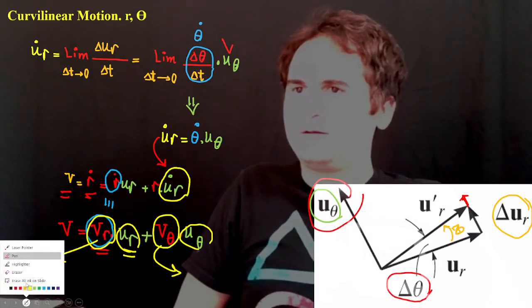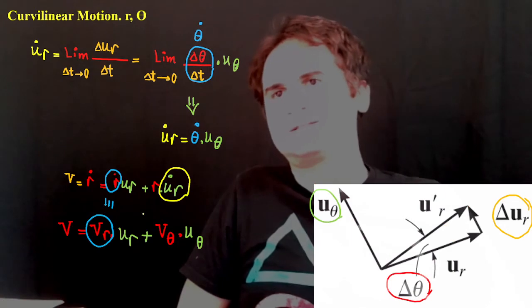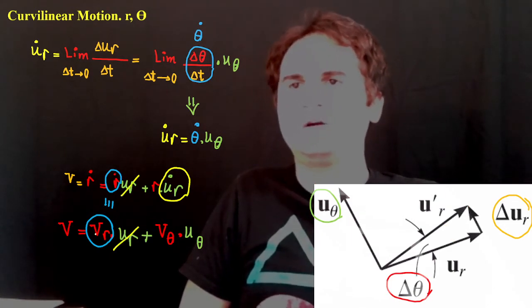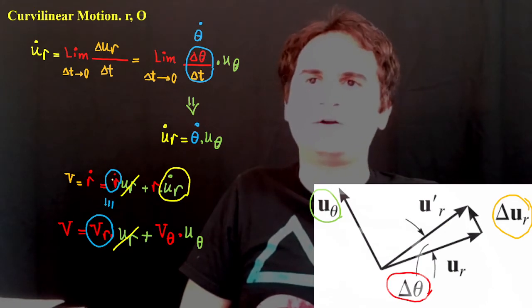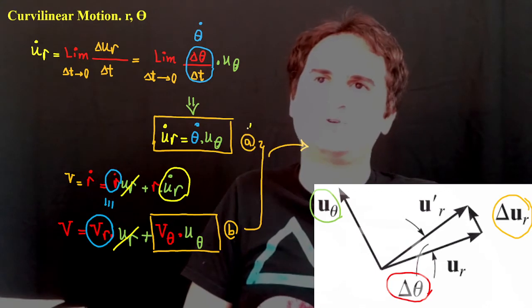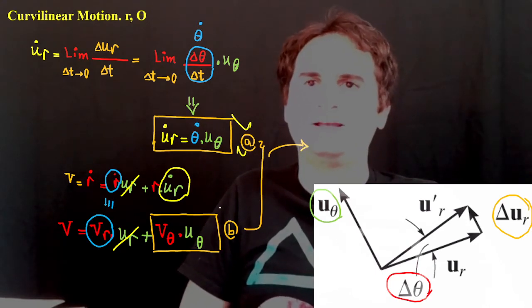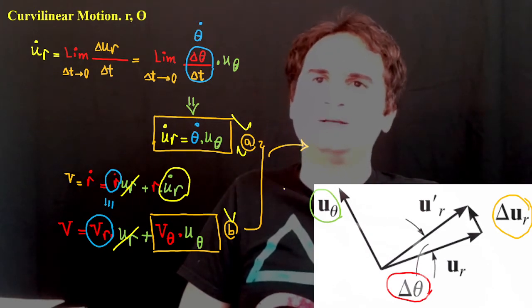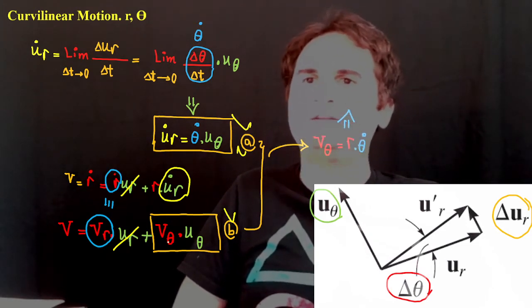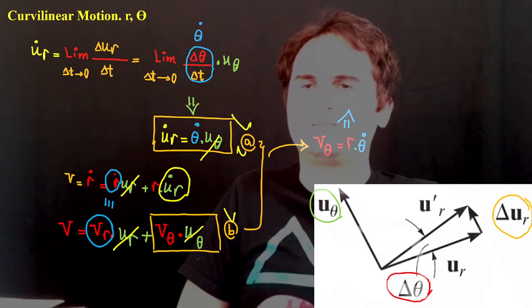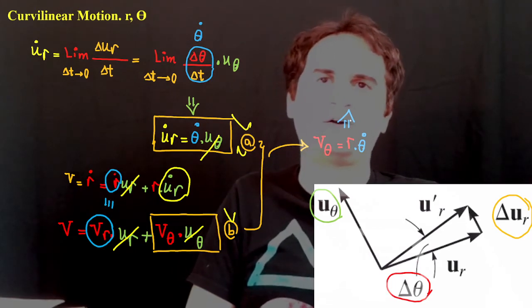And again, one can easily cancel out u r with u r, and v r is identical to r dot. For the second part, if you call this equation a and this one b, equations a and b say that v theta is equal to r times theta dot.